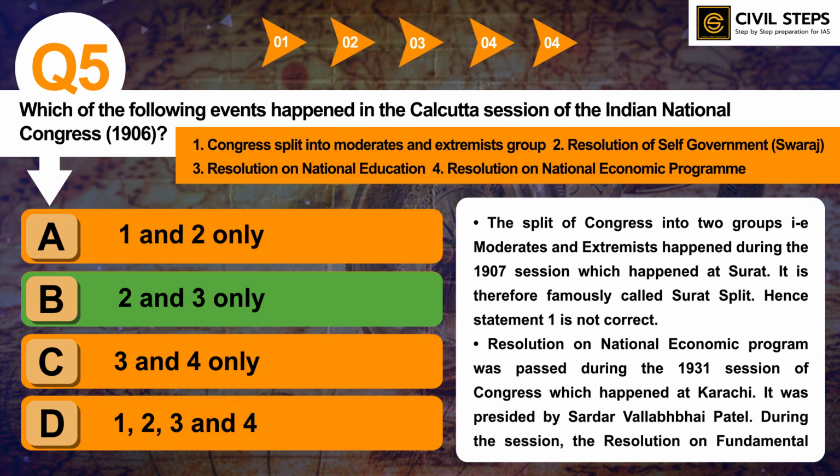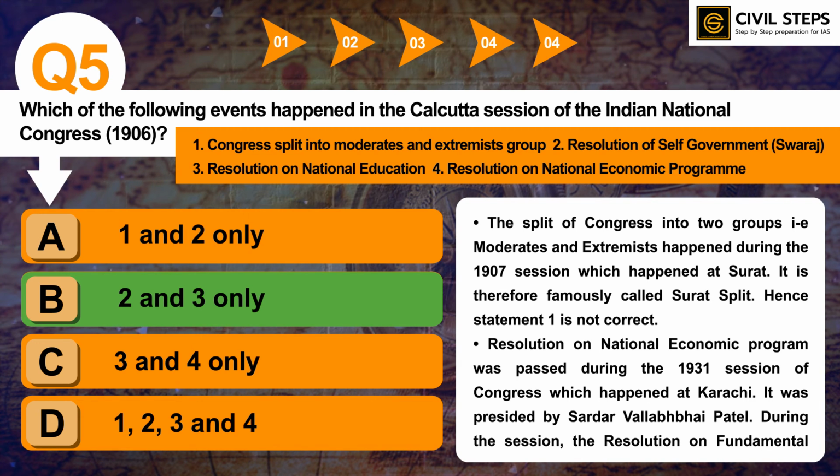The split of Congress into two groups, that is moderates and extremists, happened during the 1907 session, which happened at Surat. It is therefore famously called the Surat split, hence statement number 1 is not correct. About the fourth statement, the resolution on national economic program was passed during the 1931 session of Congress, which happened at Karachi.